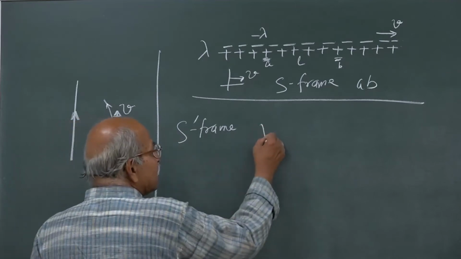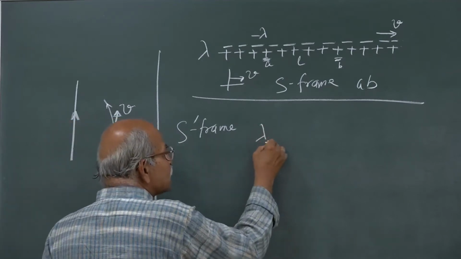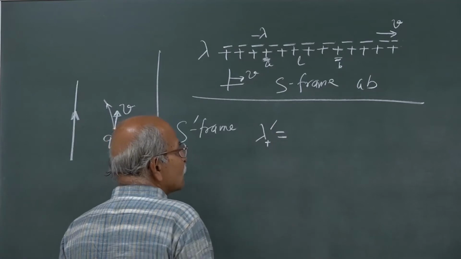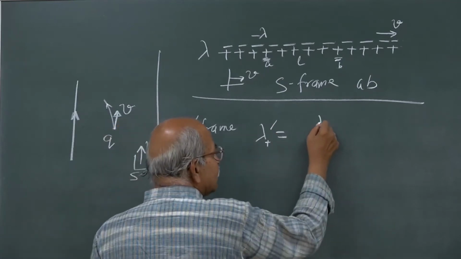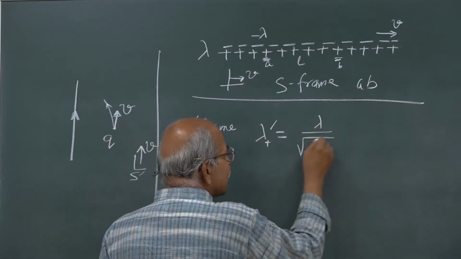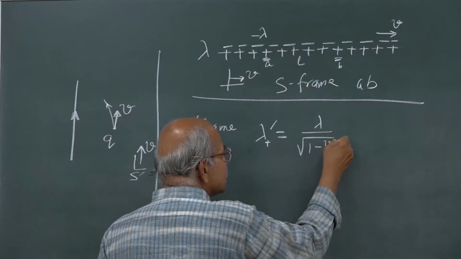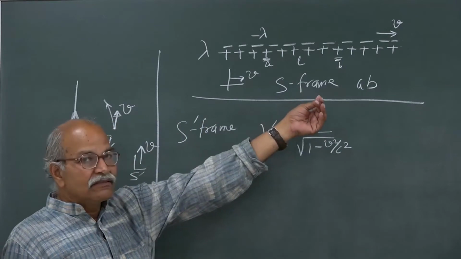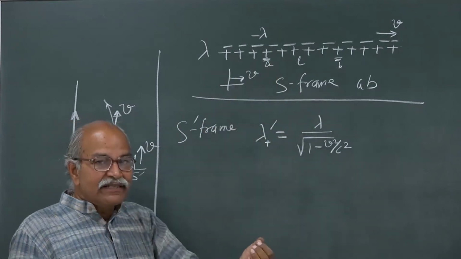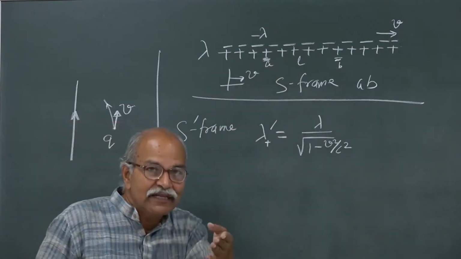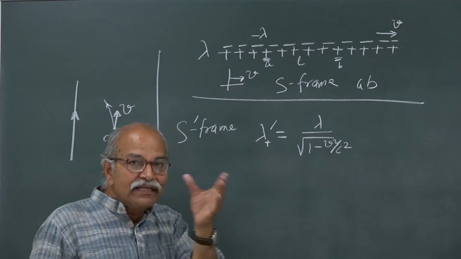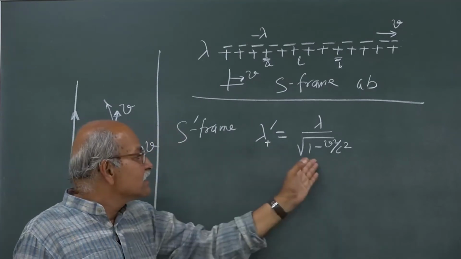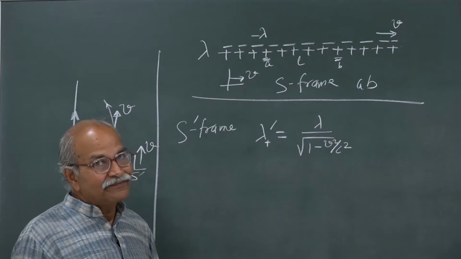So, lambda plus prime will be lambda divided by square root of 1 minus v square by c square. The length has contracted, and linear charge density is charge divided by length, so this has increased.